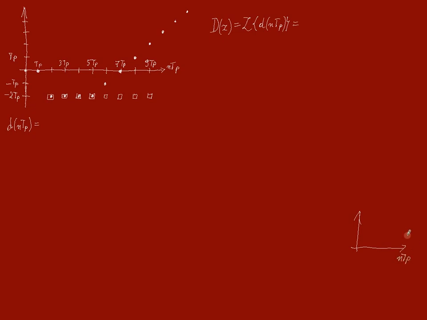Because the linearly increasing function starts at 0tp. And we need to add both of these components together.